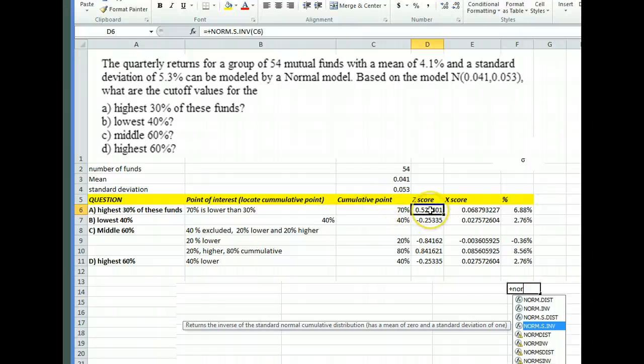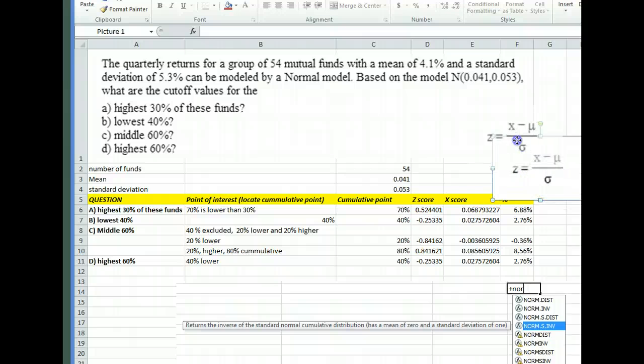Once we've found the z-score, we can find the x-score by transposing this formula here.